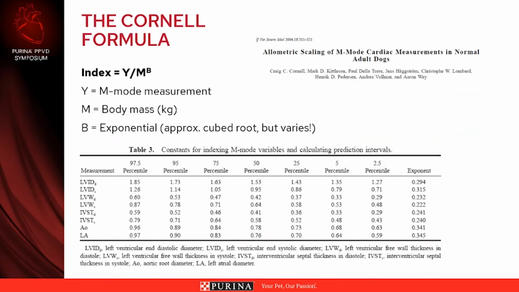So this is a paper published quite a long time ago now in 2004. There's a recent update published by Gerhard Wess and Jens Häggström's group in JVIM in 2020. But basically they tried to normalize the internal diameters of the left ventricle in diastole and systole and the wall thicknesses in diastole. So we're interested in the left ventricular internal diameter in diastole.